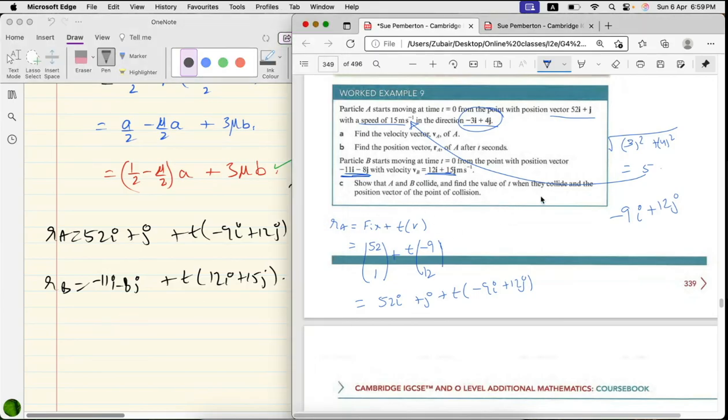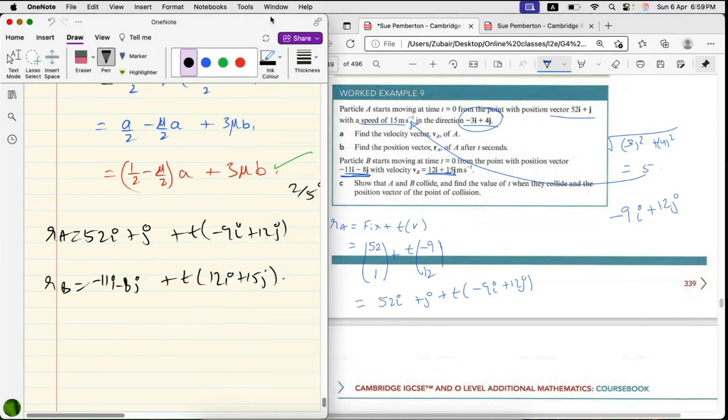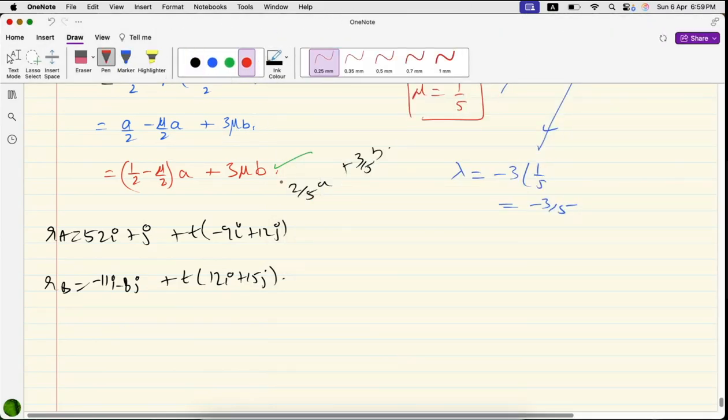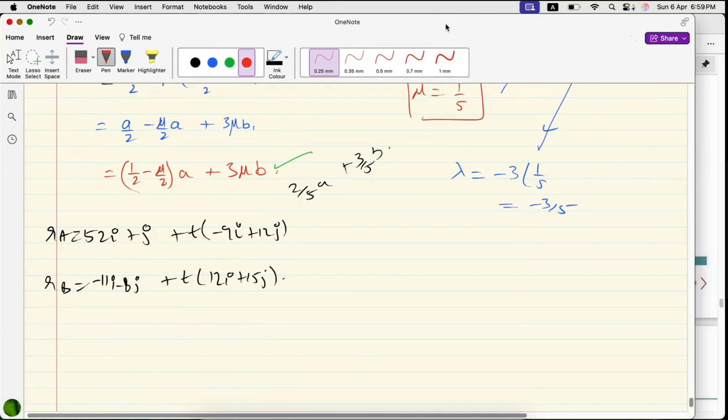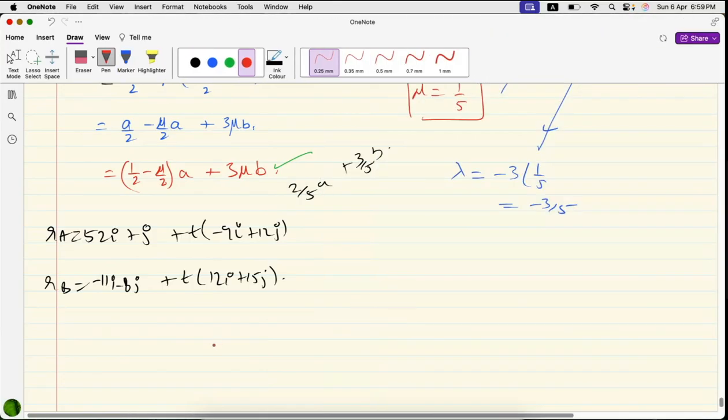We need to show that A and B collide and find the time and the position vector where they collide. If they're colliding, RA must be equal to RB at the point where they meet, so the position must be the same.